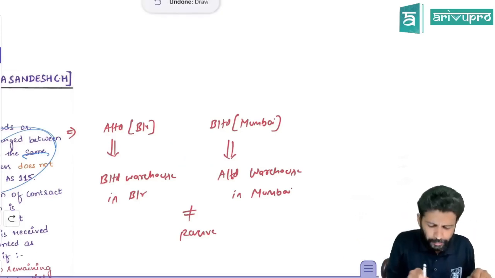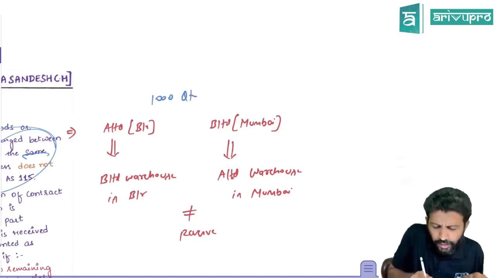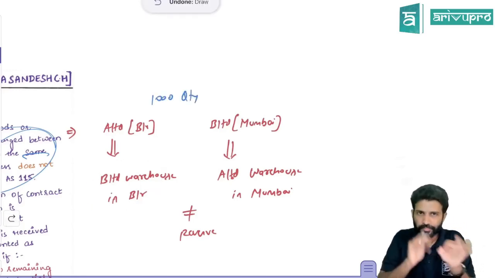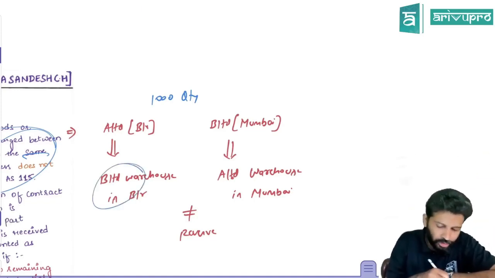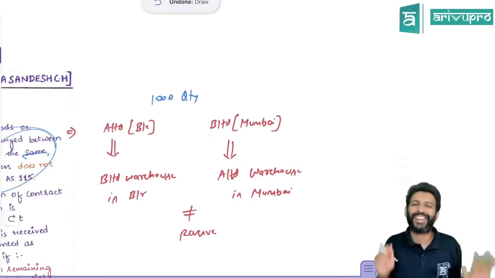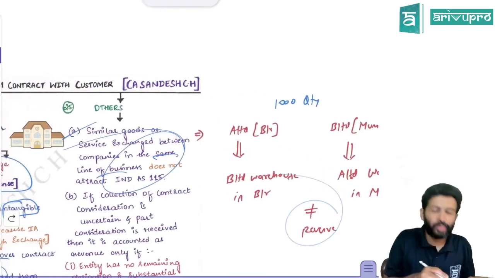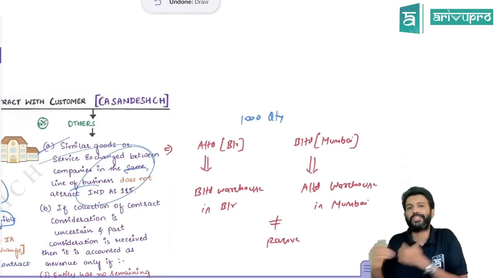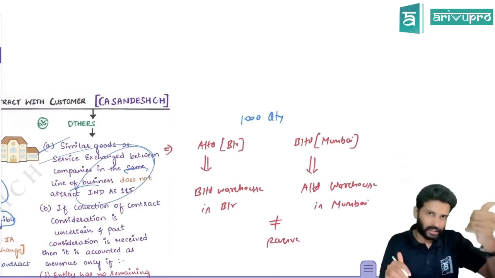So A and B agreed that A will deliver 1,000 units of the product to B's warehouse, and B will deliver 1,000 units to A's warehouse. Both are in a similar line of business, so this is not revenue for both companies, because they're exchanging goods. That is the first point.